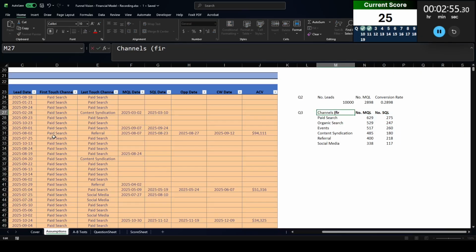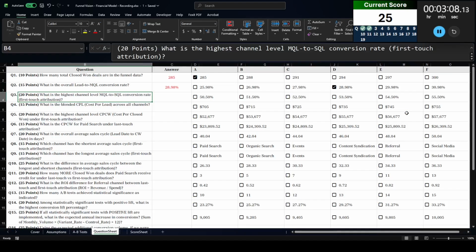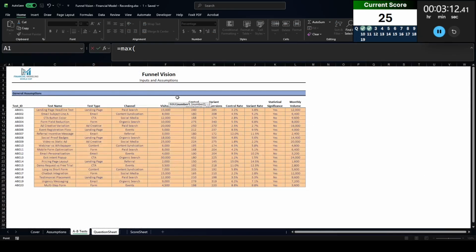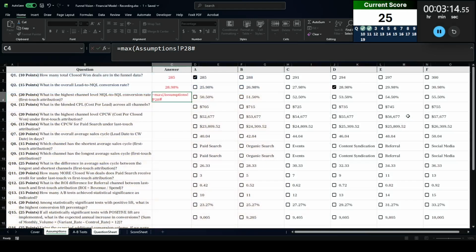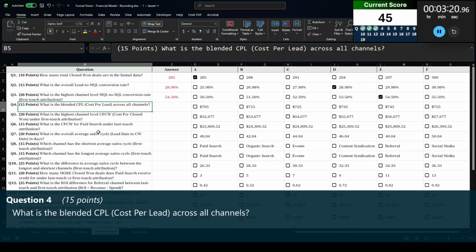Let me add first touch so that it's very clear for me. Now the MQL to SQL conversion rate is this number divided by that number, so we get all of our rates. The question was asking for the highest, so I am just going to find the max of those numbers I just calculated. I get a max of 54.50%.